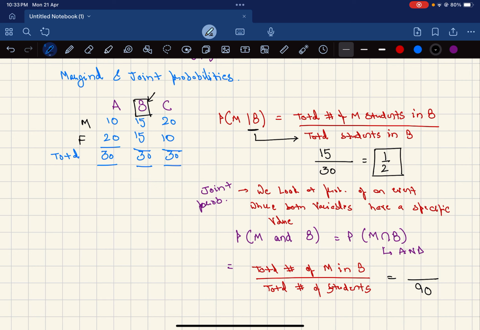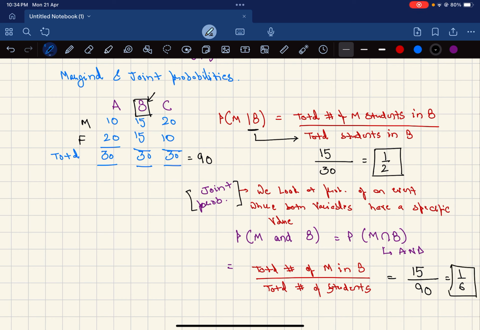Whenever we are calculating a joint probability instead of a conditional probability, we always look at it from the total sample size perspective, which is equal to 90 in this case, and the total number of males in B is still 15, and therefore we get the required probability as 1 by 6.